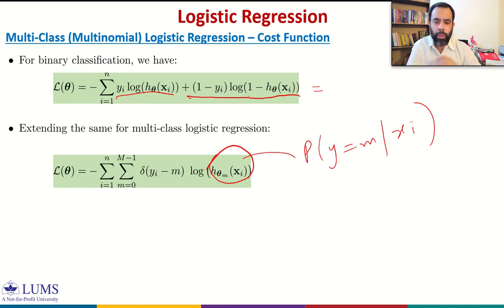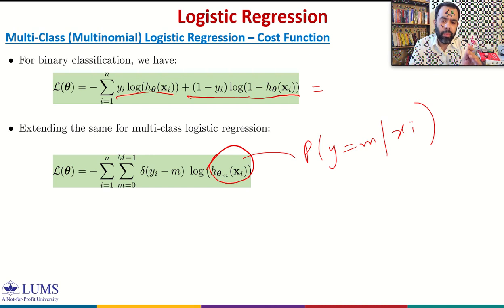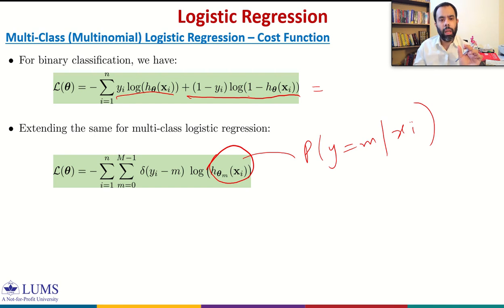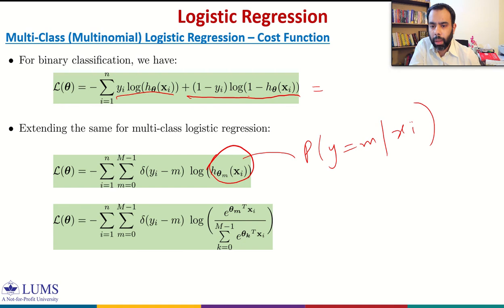So the probability of y is equal to m will be counted only when for xi the actual label is m. You have a match, right? And we simply sum over all classes and over all instances. And if I use the mathematical model we developed for h theta m of xi, here I can get this loss function.